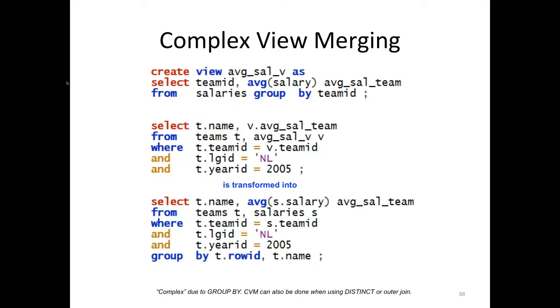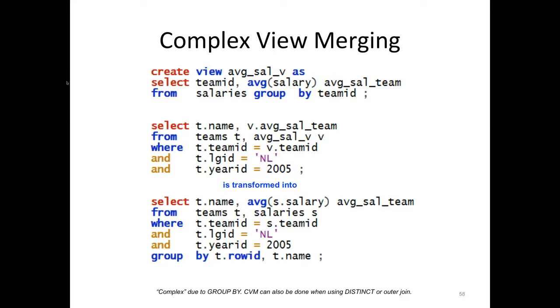Complex view merging. In this case it's a very simple example. The reason why it's complex is because it has a group by in it. Anything that has an aggregate type function in it, Oracle will consider that more of a complex nature. So if you have a query that uses a view as one of the objects, the optimizer is going to transform that to take the source of the view and the tables involved in the select statement and create a new SQL statement, which is basically the combination of the view source and the query.